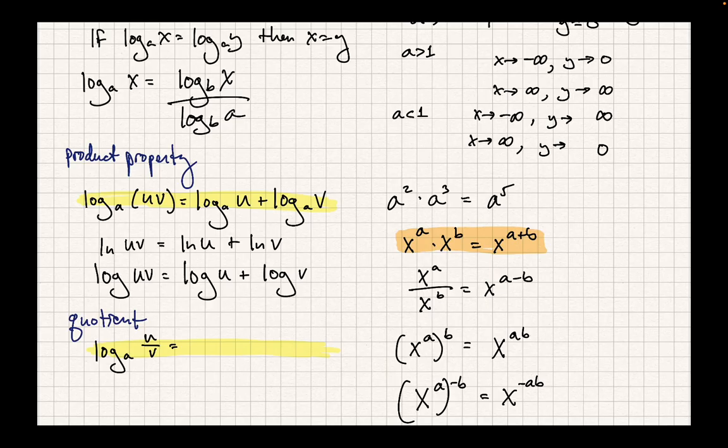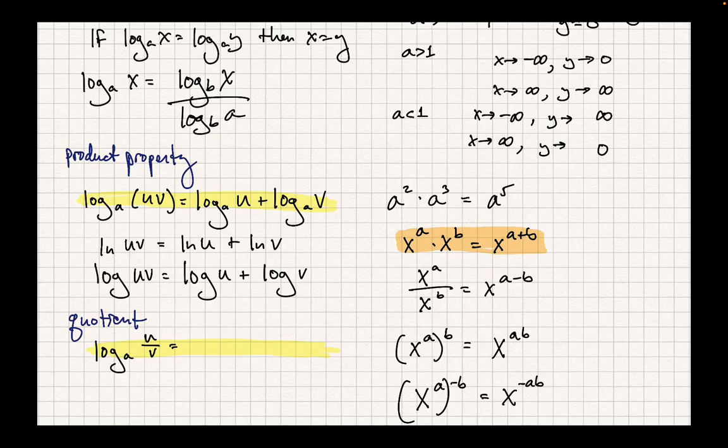Oh, that doesn't make sense. No, because this one didn't turn into multiplication. If that division turns into division, it would make sense. If this multiplication turned into multiplication, it would.